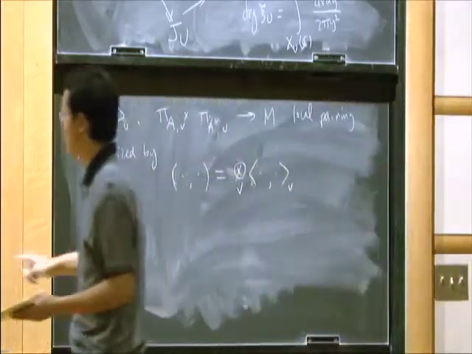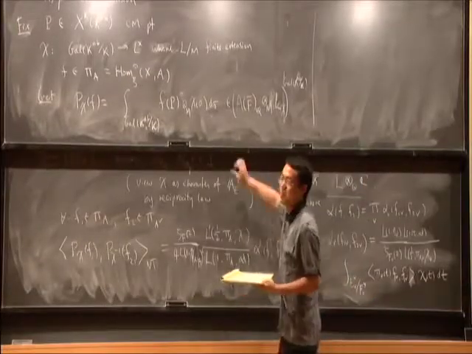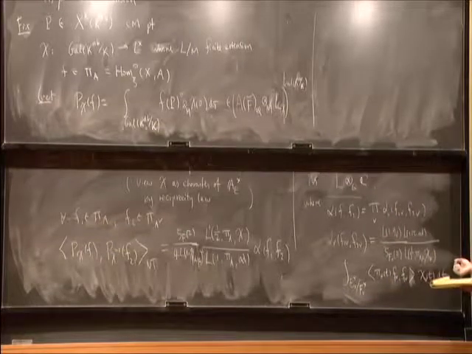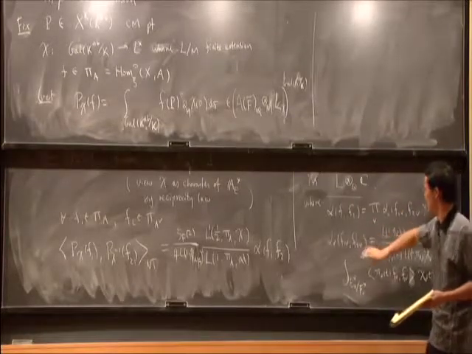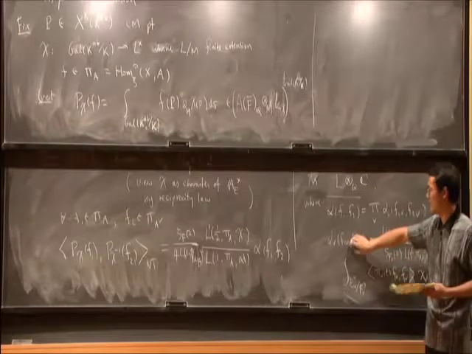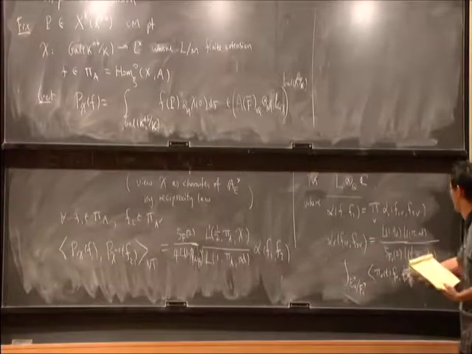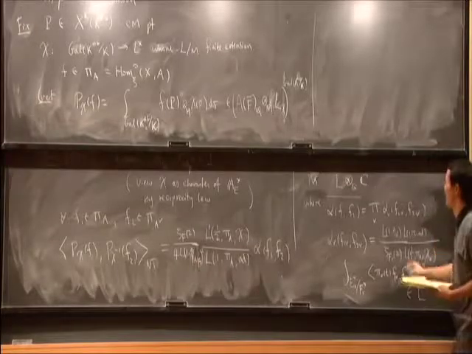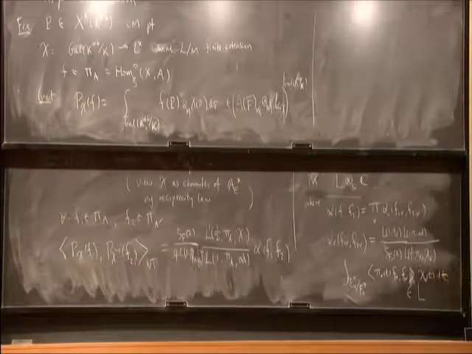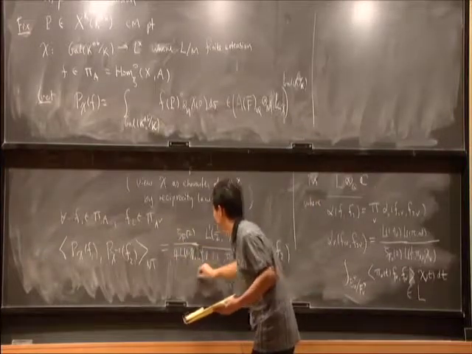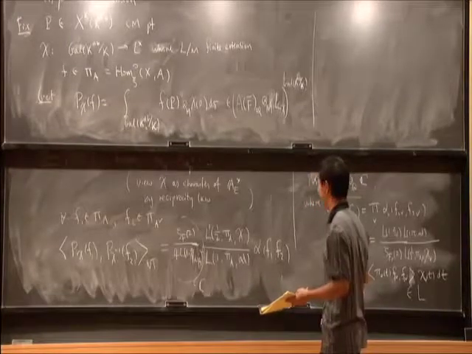And one more thing is, this integration only makes sense after we base change to C. But once we base change to C, we can actually see that the number we get lies in L. This local number, this term, actually lies in L, not just L tensor Q tensor C. You first compute it in that, and then you can prove it's in L. But this part lies in C, the C tensor 1 part.